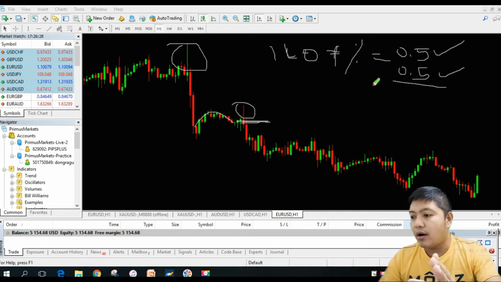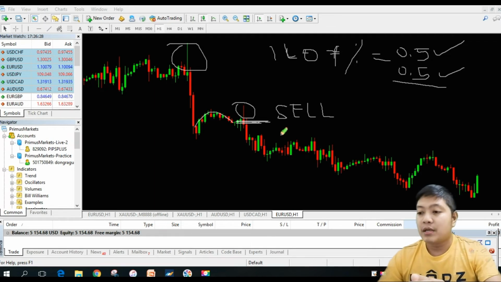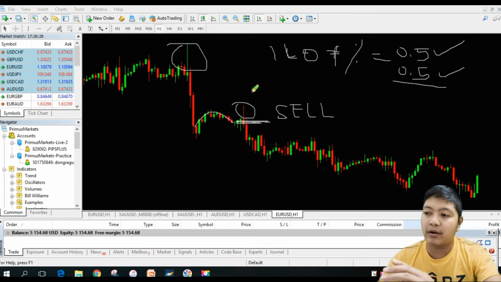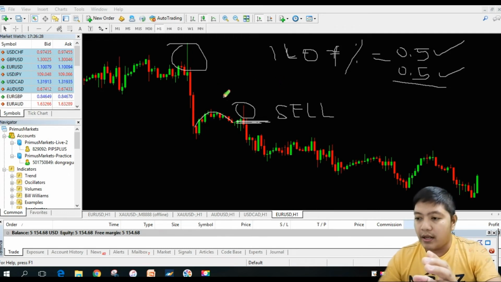Okay, now come back here. Let's say you decided on one lot at this particular price. What we're going to do is open 2 trades at the same time with a sell order. Your TP, if you decide one lot is about 2% of your capital, let's say about 25 pips here.